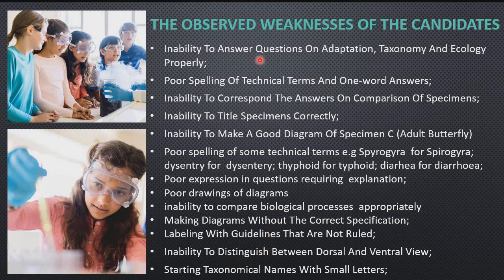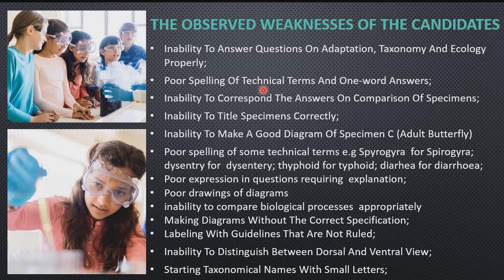The observed weaknesses in question 1 and question 2: the inability of students to answer questions on adaptation, taxonomy and ecology properly; poor spelling of technical terms and one-word answers, where students make use of just one word or phrase, or phrases to answer questions.